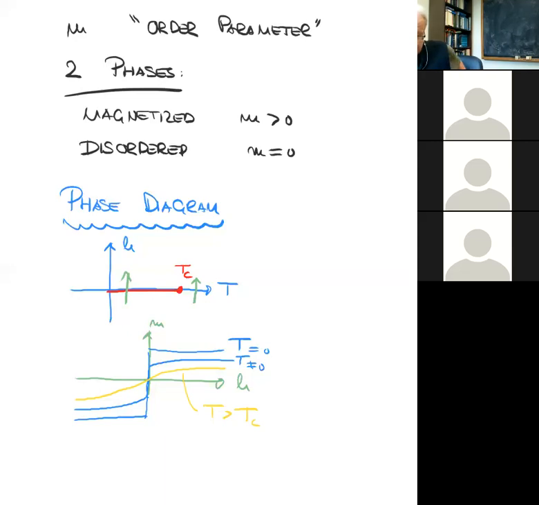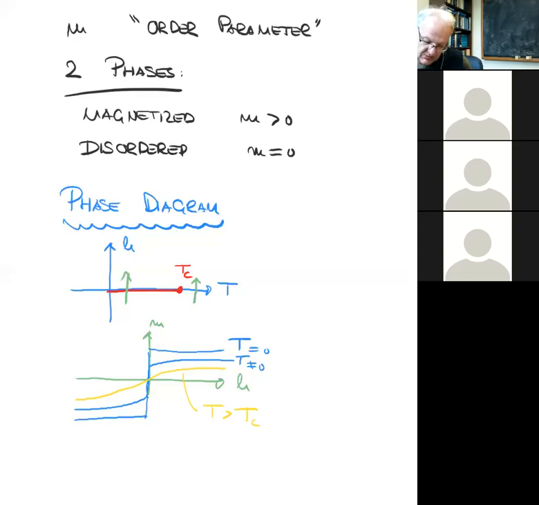So as a function of this external magnetic field, if you sit below Tc, there will be a discontinuous jump in the magnetization. So we call that a first order phase transition. And if you're above Tc, there's no discontinuity at all. It's completely just a crossover from slightly negative to slightly positive, okay?